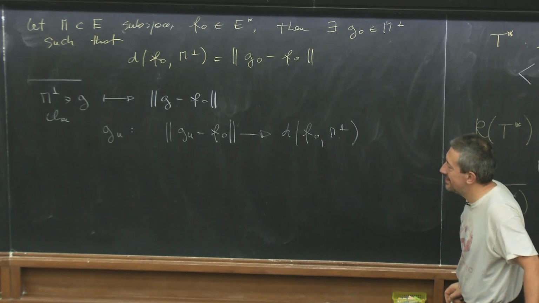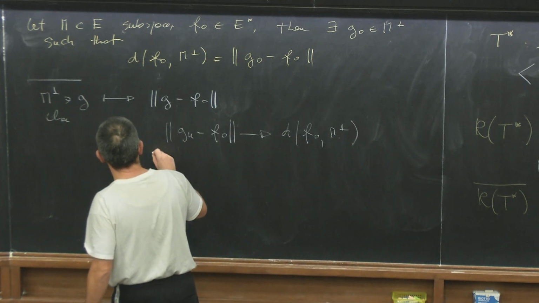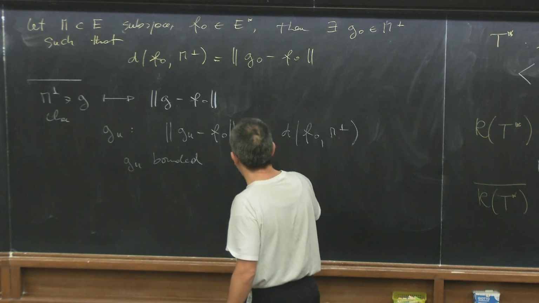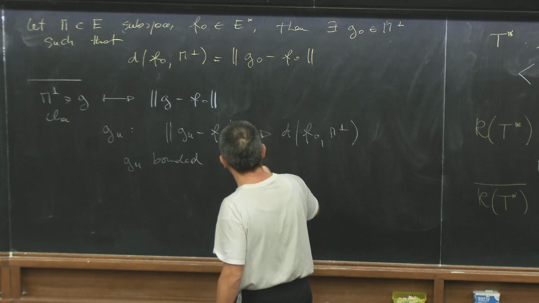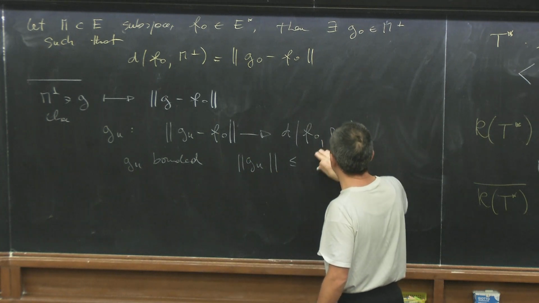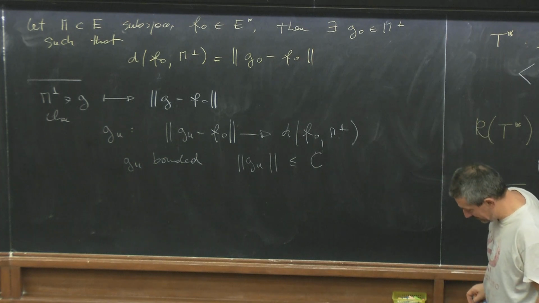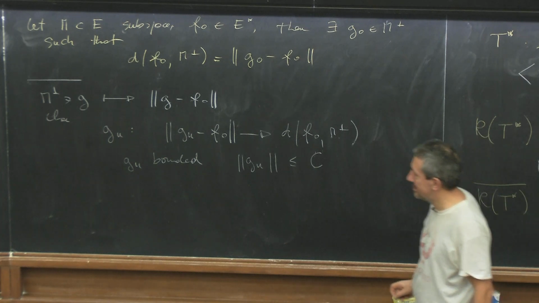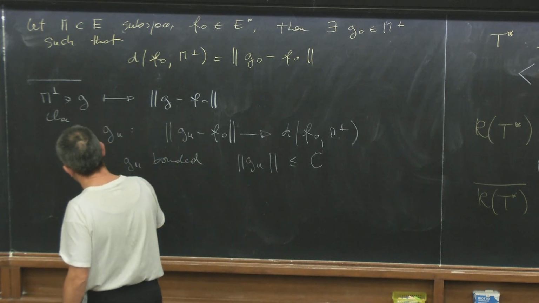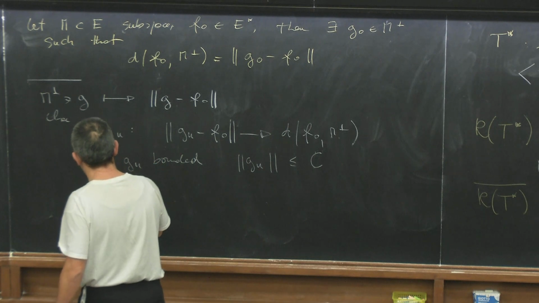Gn is bounded, we can show it, so the norm of Gn is less or equal than some constant C. We take a closed ball in the strong topology that contains all the Gn's, and this ball is weakly compact.